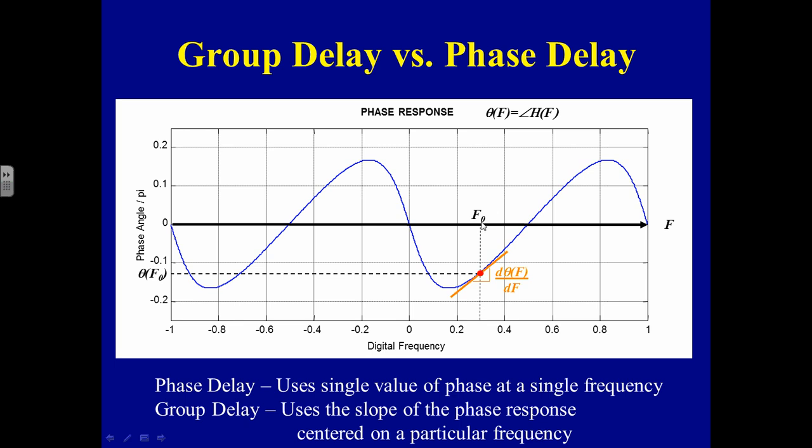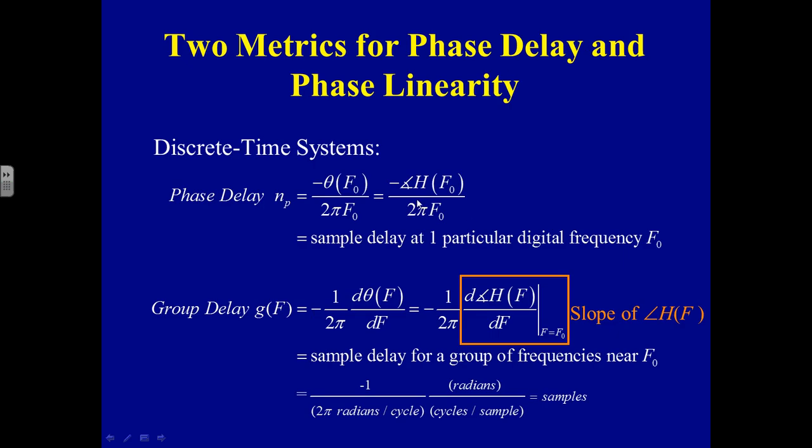the difference would be that if we wanted to know the phase delay, we would find F0, go to the phase plot, find what the phase value is, take that phase value and plug it into the formula here: minus that phase amount divided by 2 pi F0 would be the phase delay.